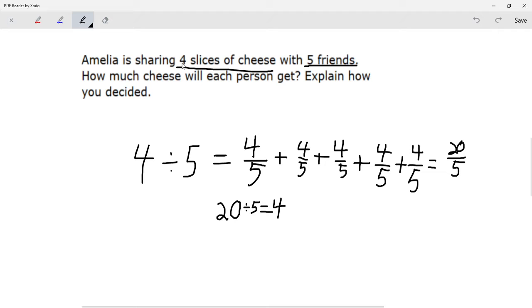So all of the 4 slices of cheese are accounted for. Right? So this becomes 4/5.